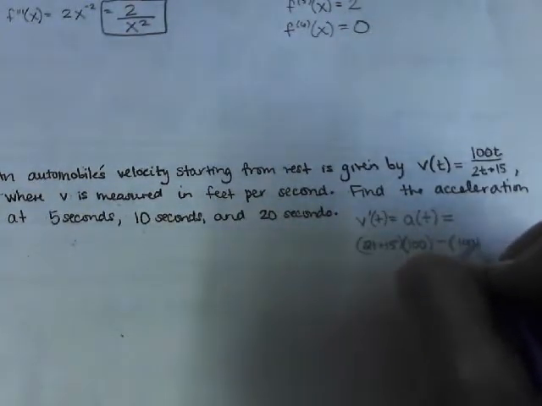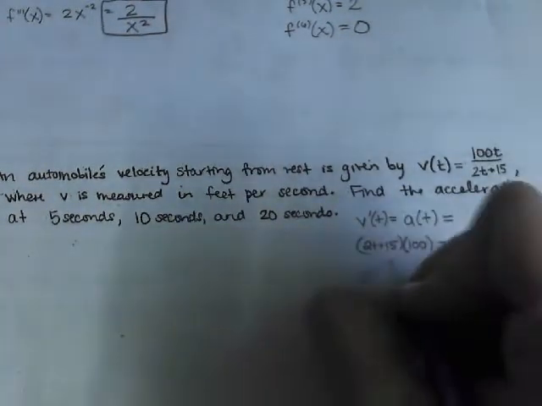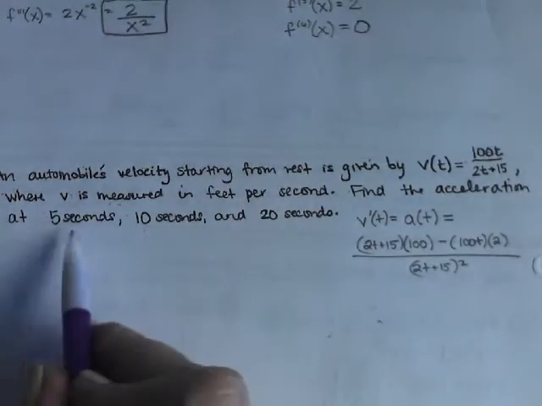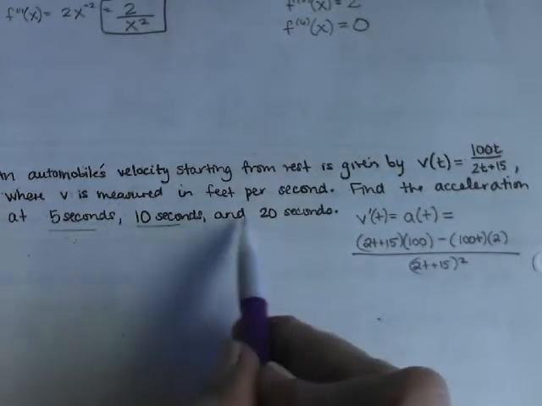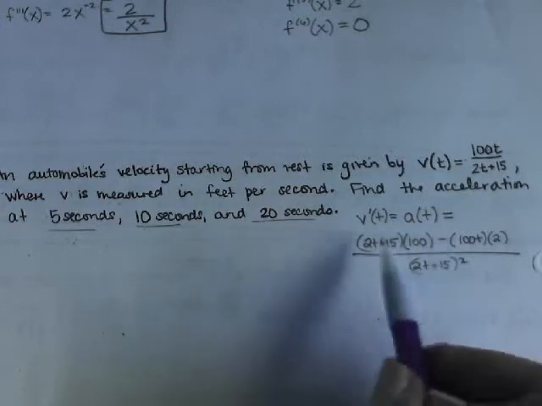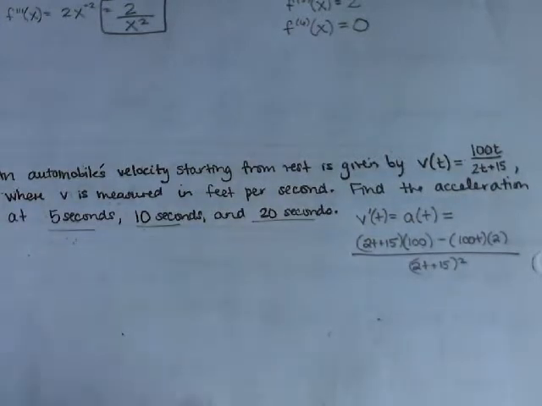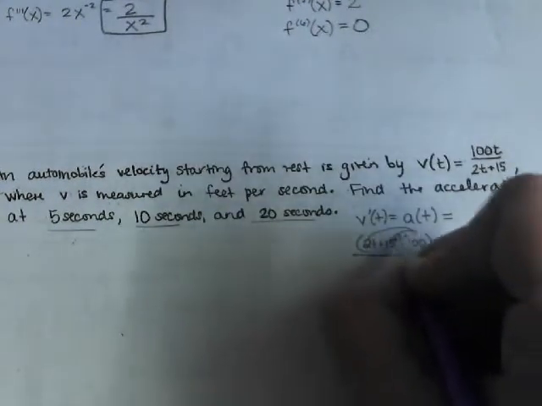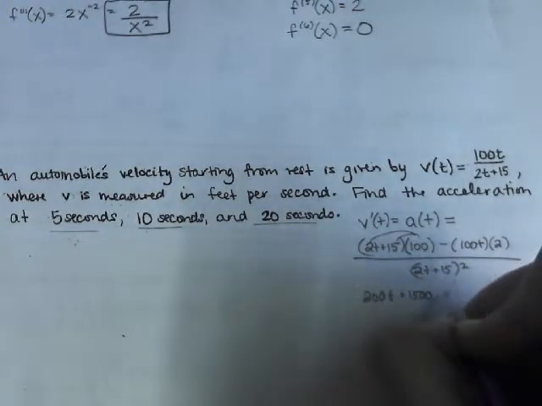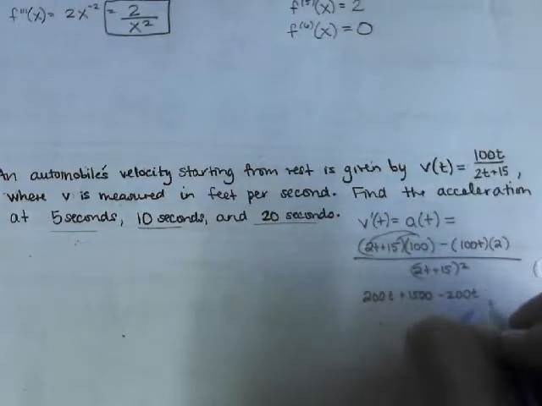Now, because they're asking me to evaluate this at 3 different spots, it probably will make my life a little bit more efficient if I clean up that top by distributing: 200t plus 1500 minus 200t, and you can see why that helped. Your 200t minus 200t cancel.